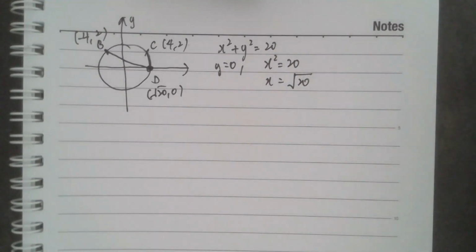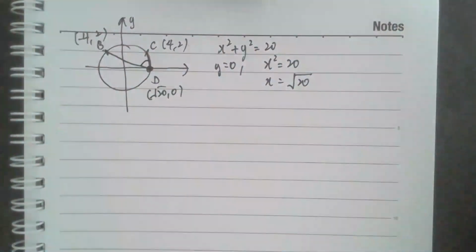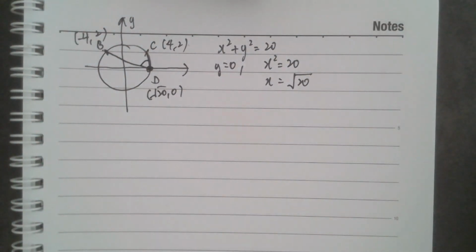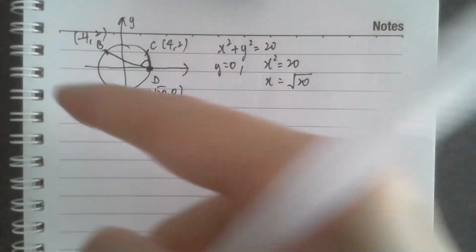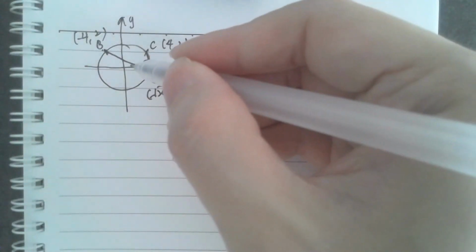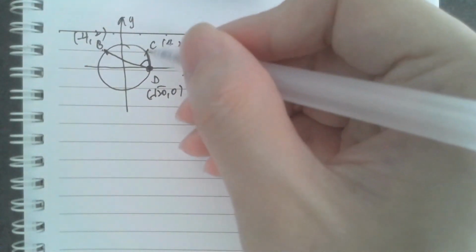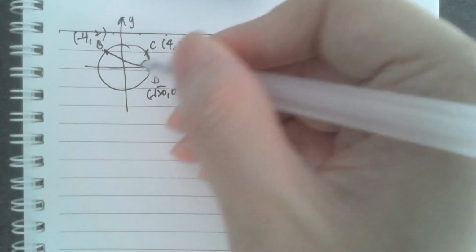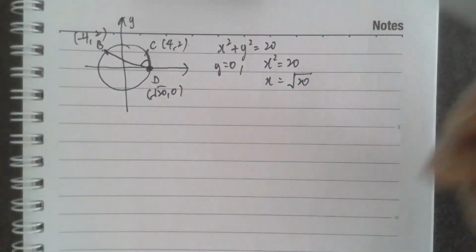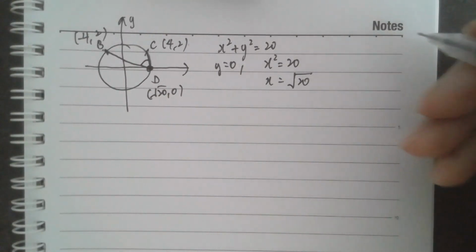So we have the points. We can use what we have done previously. We can use gradients to find the angle. We need to find the angle BDC, the angle in between the lines BD and CD. So we can find the gradient of BD first and find the angle made with the horizontal, then find the angle of CD made with the horizontal, and just take the difference as before in the earlier question.